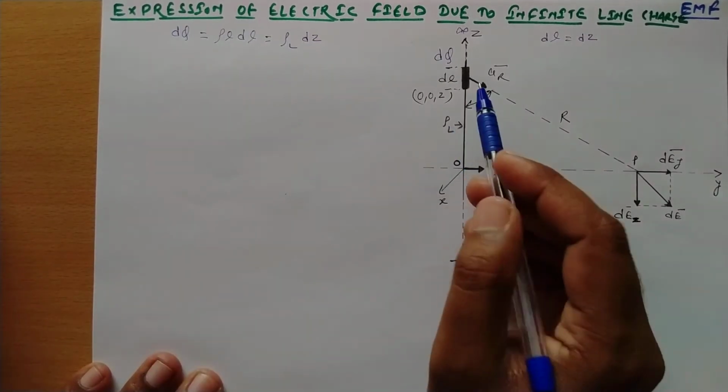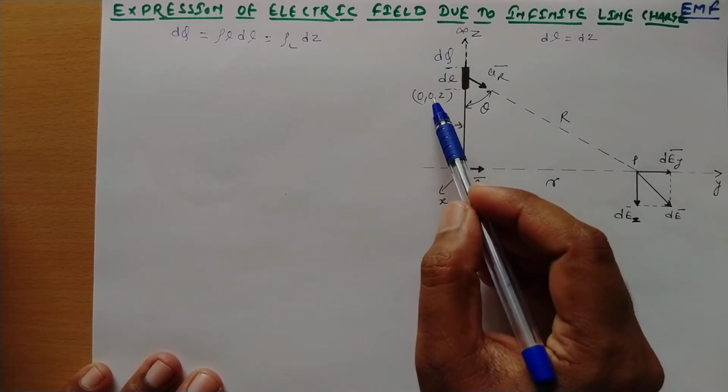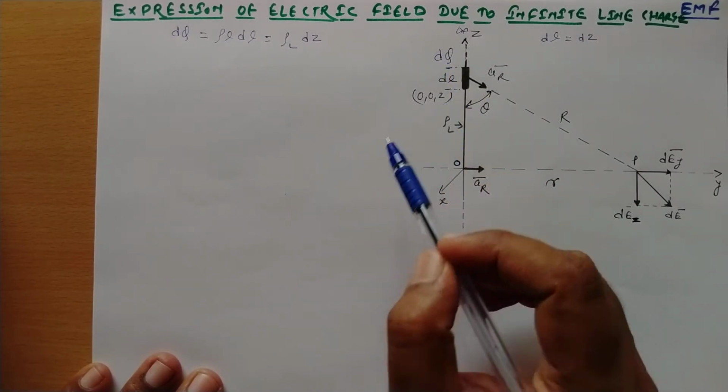Now the coordinates of this differential charge are 0, 0 and z.